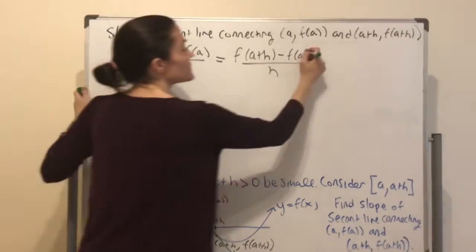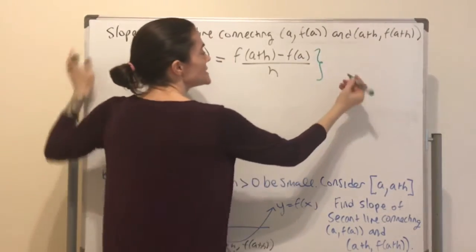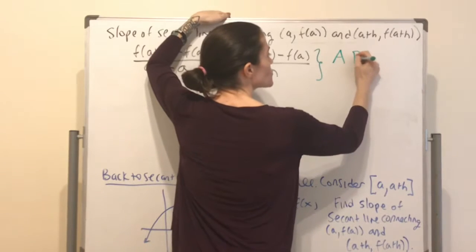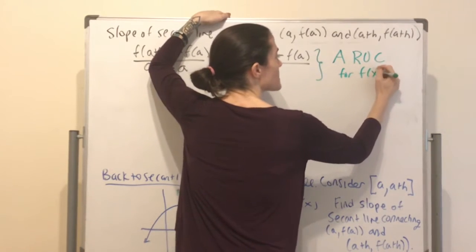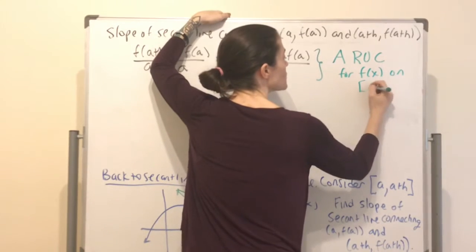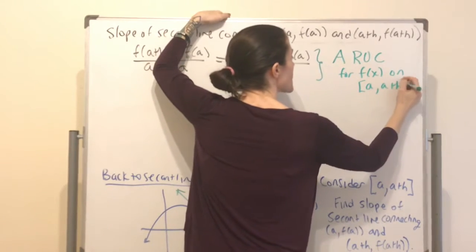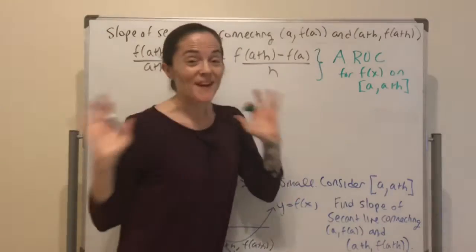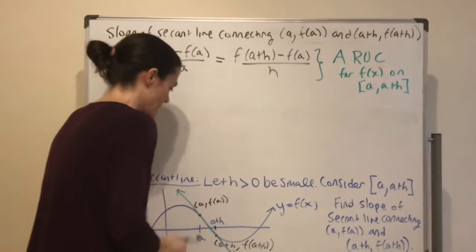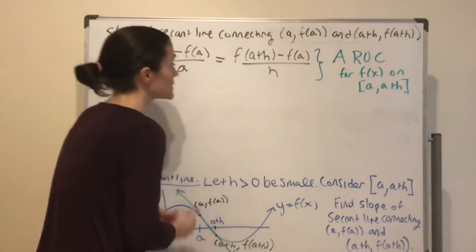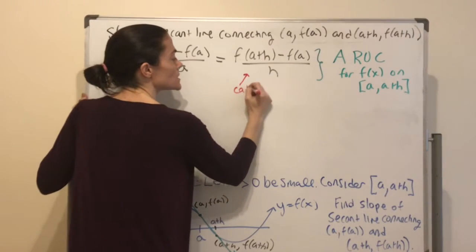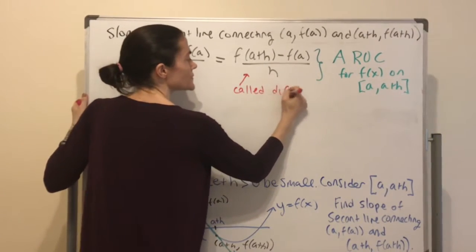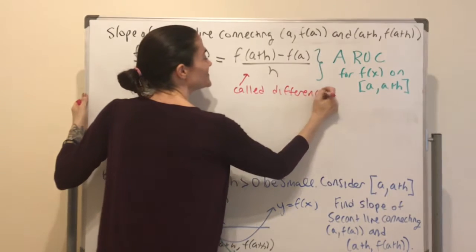First of all, as I mentioned, this is the average rate of change for the function on the interval a to a plus h. But also this has a name. Maybe I will add another color. This is called the difference quotient.